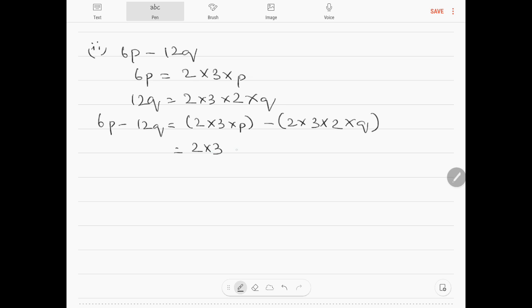Taking 2 into 3 common, the left out in this term is p minus, and the left out is 2 into q. So the answer will be 6 into p minus 2q.